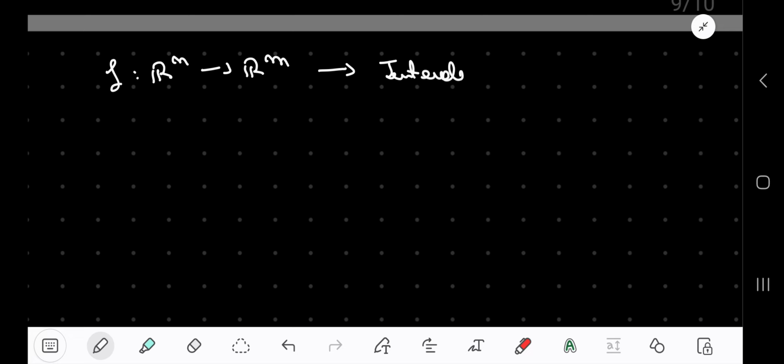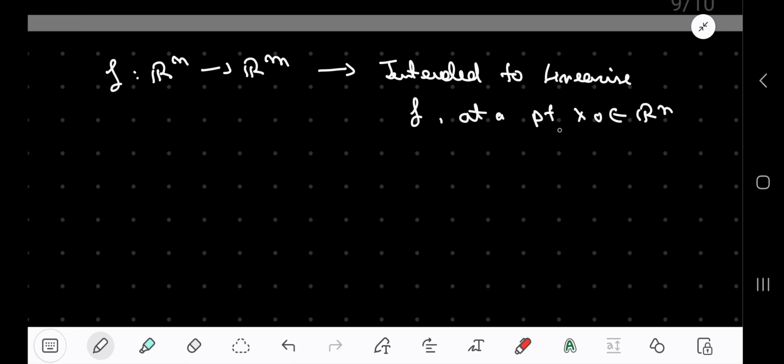What we keep in mind is that if I have an arbitrary function f from R^n to R^m, we intend to linearize f at a point x naught in R^n. That is how we try to mimic this definition. Clear?